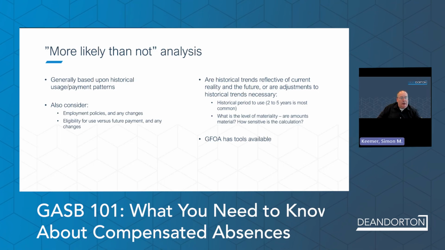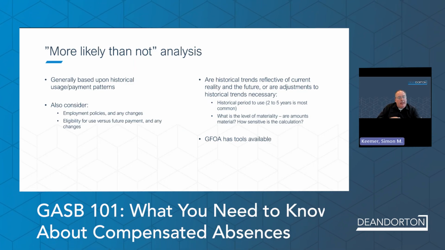But when you're looking at historical usage and payment patterns, you also want to consider, have my employment policies changed at all over that historical period, such that it would change my go-forward percentage usage? You also want to look at eligibility for use versus future payment, and are there any changes in those requirements that I need to consider?